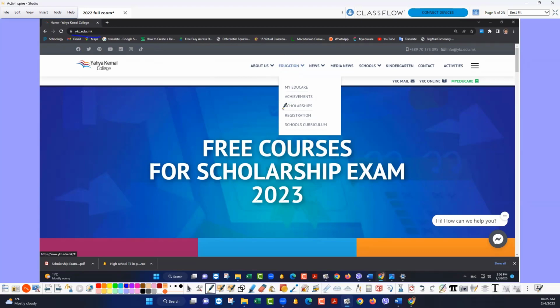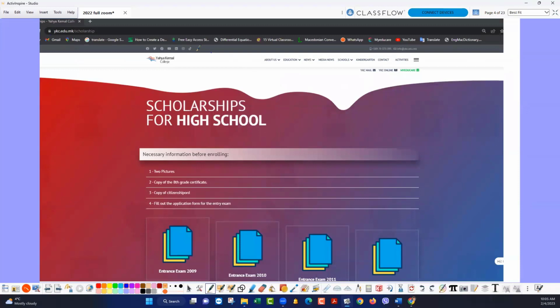From education, if you select scholarship, you are going to get to this page. When you scroll down, you are going to see it starts from 2009 till 2021, you have all of them. Only we don't have 2022 here.